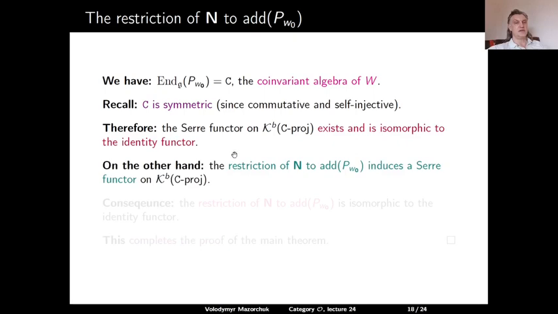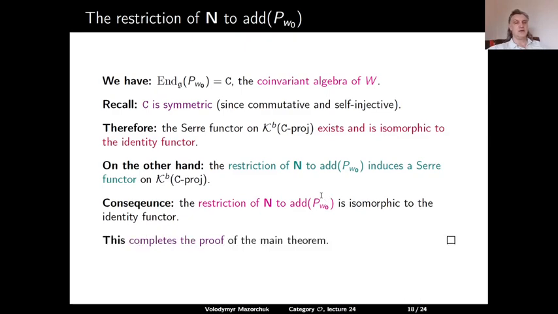On the other hand, the restriction of the Nakayama functor to the additive closure of P(w0) induces, of course, a Serre functor on this category of perfect complexes. And consequently, the restriction of the Nakayama functor to add P(w0) is isomorphic to the identity functor. And this now completes the proof of the main theorem.